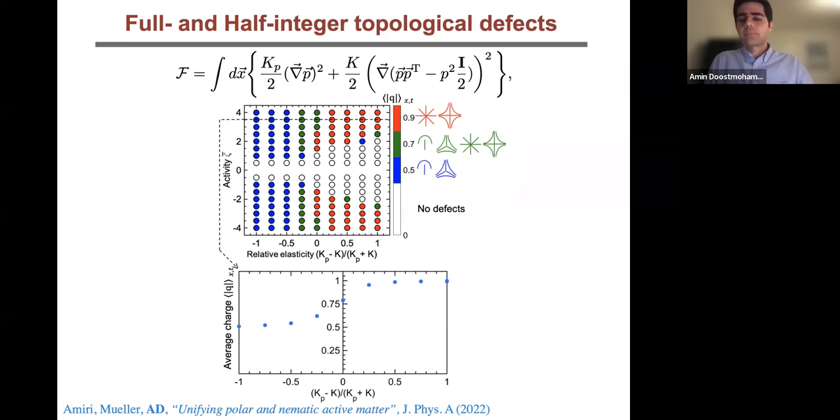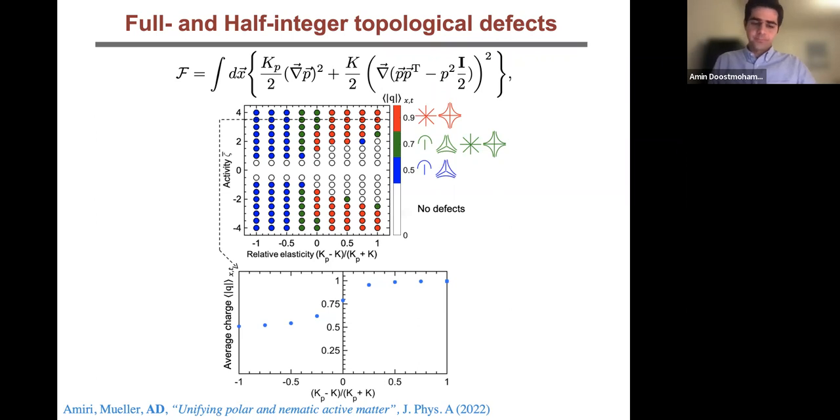But you need the backflow, and it is also very dependent on the flow aligning parameter, meaning that if you change the sign of the flow aligning parameter, then the defect would be contractile. I see.